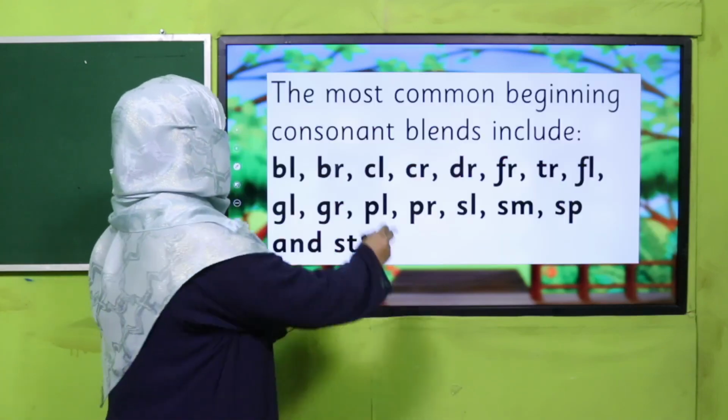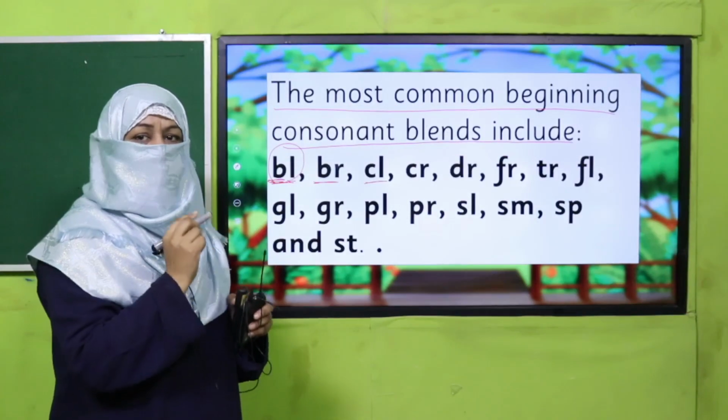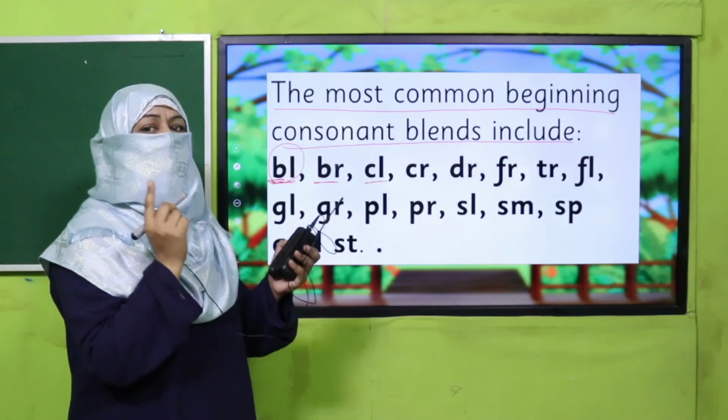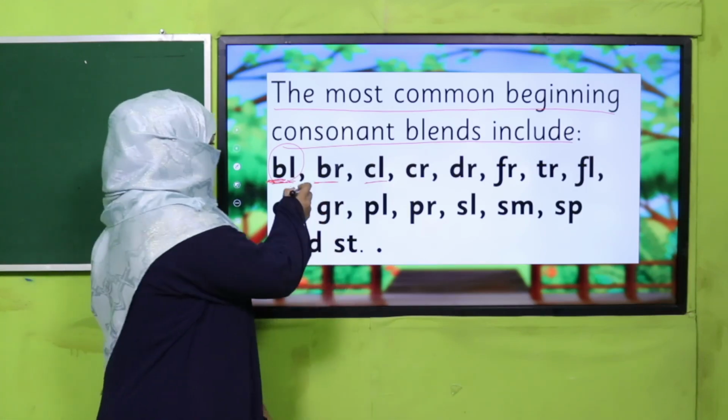Look at this. The most common beginning consonant blends are these. This is how you will find consonant blends in words. Look at this, it's B and L. Both are consonants, that's the first thing. Secondly, how will you say it? You will pronounce the individual sound of each consonant and blend it. What is the sound of B? It's B. And what is the sound of L?